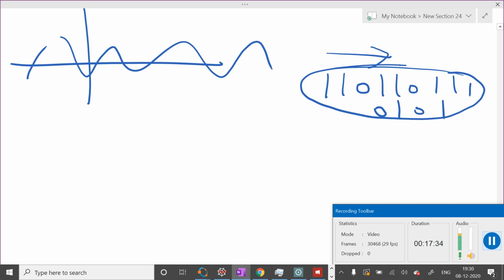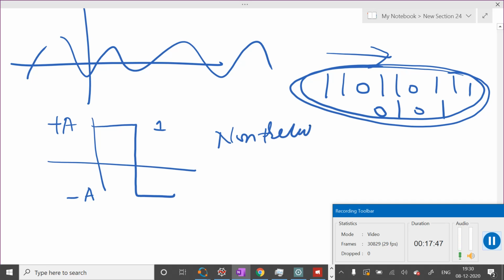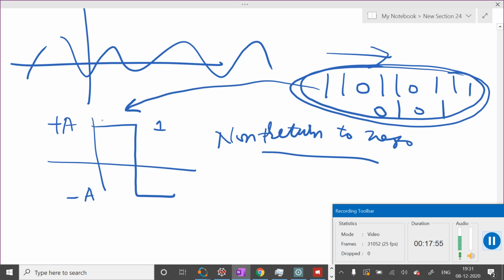Now we need to represent these binary numbers by some waveform. So we usually represent, suppose, 1 by a plus signal, some plus A, and 0 by minus A. This is called non-return to zero. Representing a binary number with any waveform or pulses is called line coding.